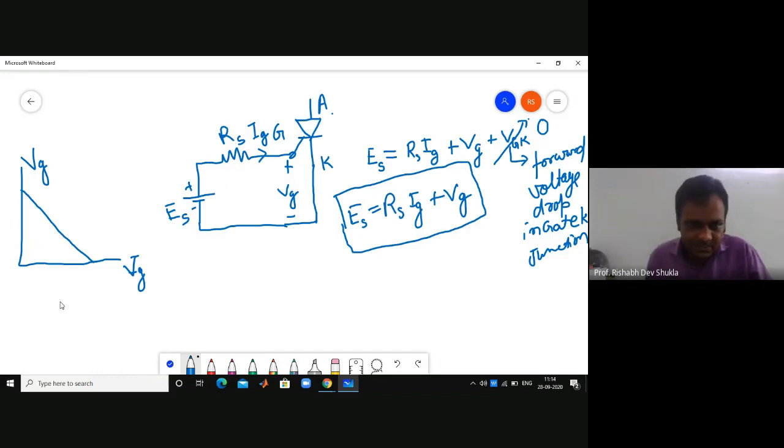So how do we find this point? By putting VG equal to 0. Then IG is equal to ES upon RS. So this is your ES upon RS.